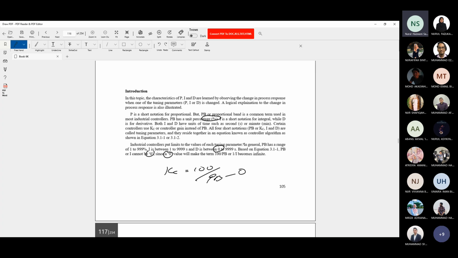That is not allowed, we have to eliminate it. It will cause the system to be very unstable and uncontrollable. Same goes to I. The formula is 1 over I. If I is 0, then we will get an infinity value.